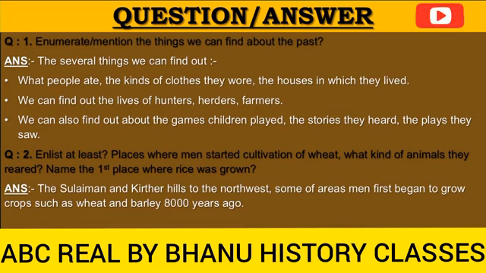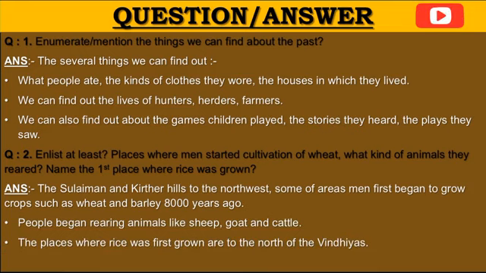Some of the areas where man first began to grow crops such as wheat and barley 8,000 years ago. People began rearing animals like sheep, goat, cattle. The places where rice was first grown are to the north of the Vindhyas.